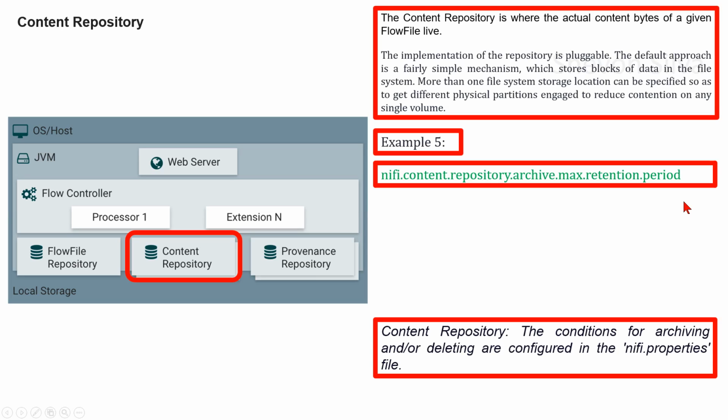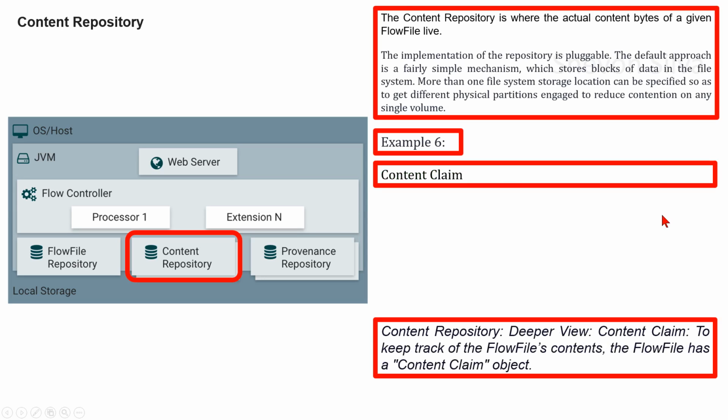The conditions for archiving or deleting are configured in the nifi.properties file: nifi.content.repository.archive.max.retention.period or nifi.content.repository.archive.max.usage.percentage, as outlined in the NiFi System Administrator's Guide.